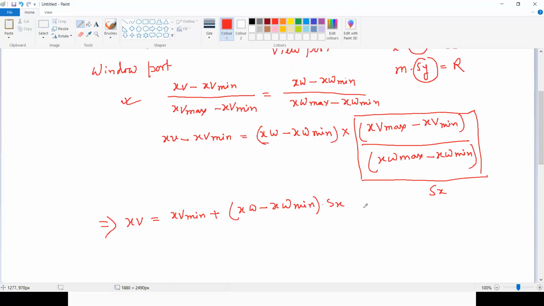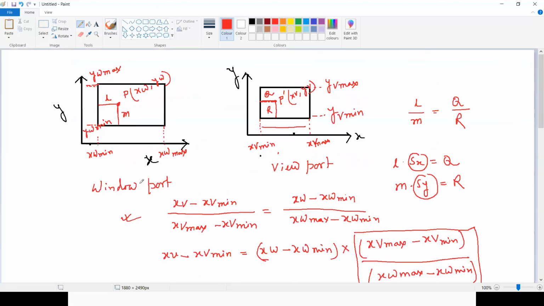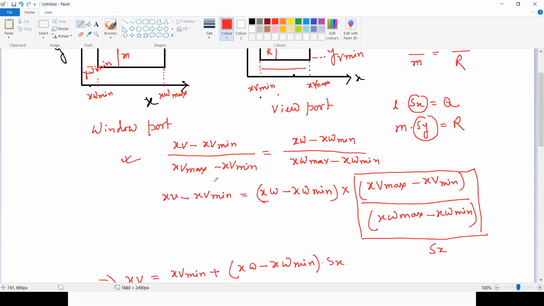In this way we know the max and min values of the window port and viewport. By using those max and min values of the window port and viewport, we can find out the Sx.